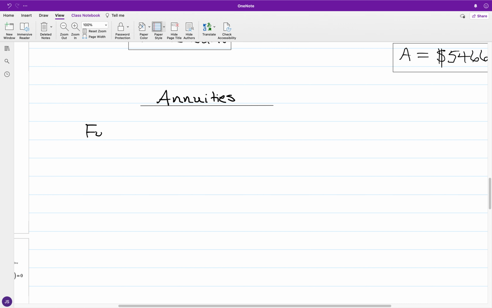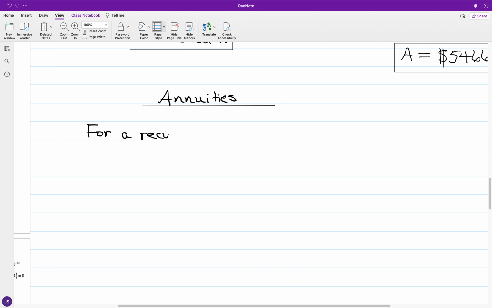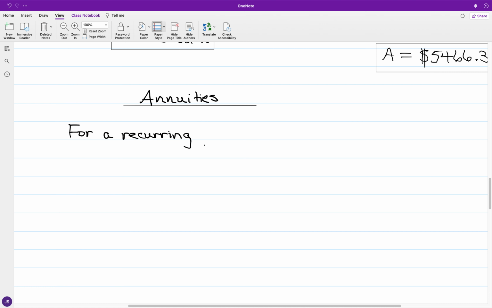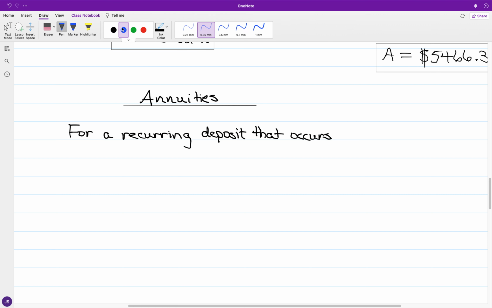But say we have a recurring deposit that occurs n times a year. Let's do a little bit of color coding here.